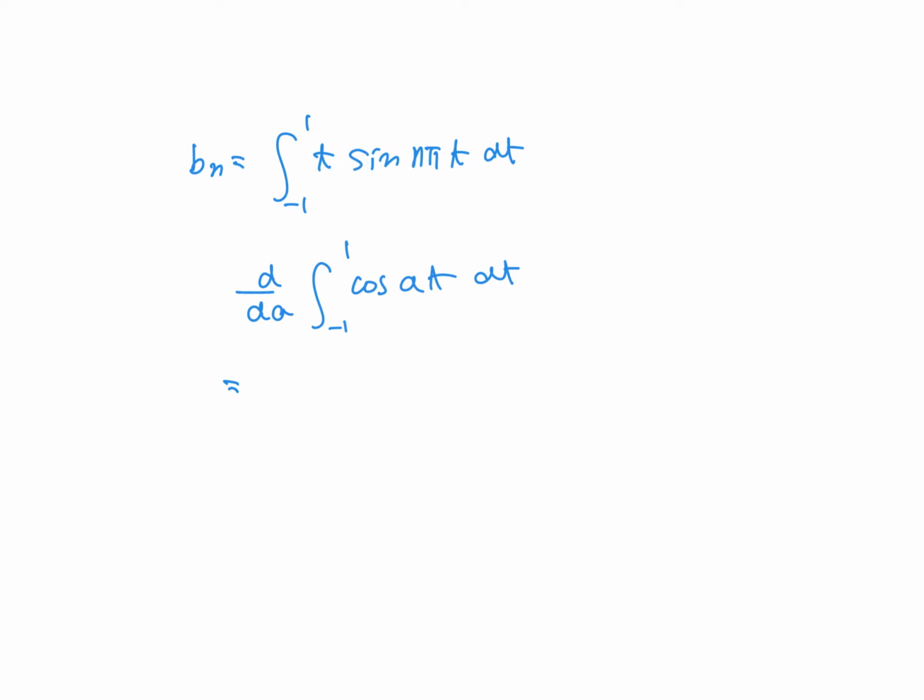So this becomes the integral of minus t sine AT dt, right? So this and this are the same form when A is n pi, right?